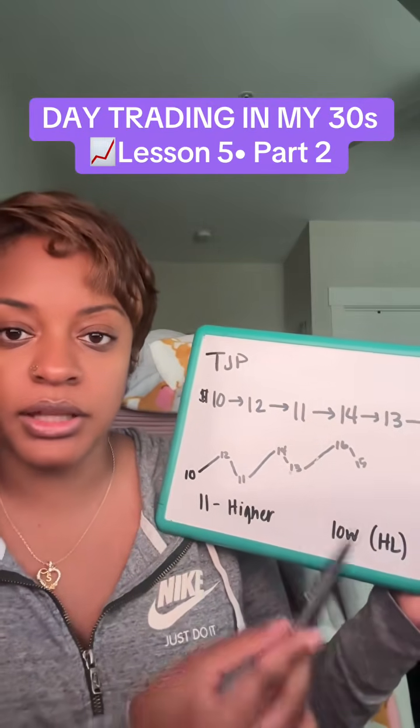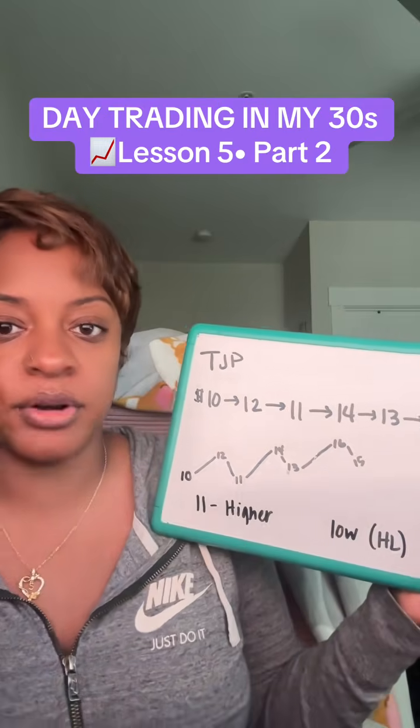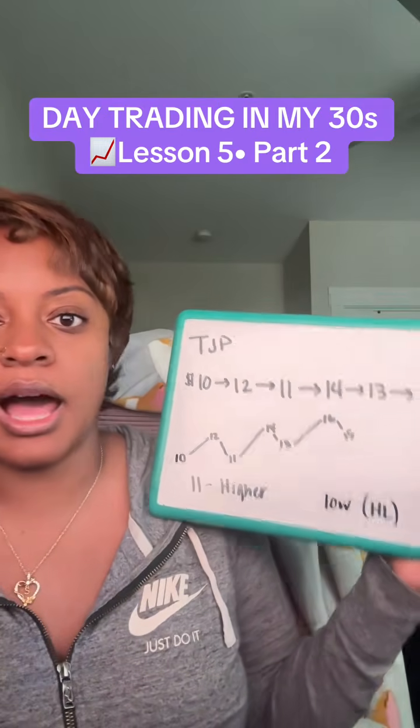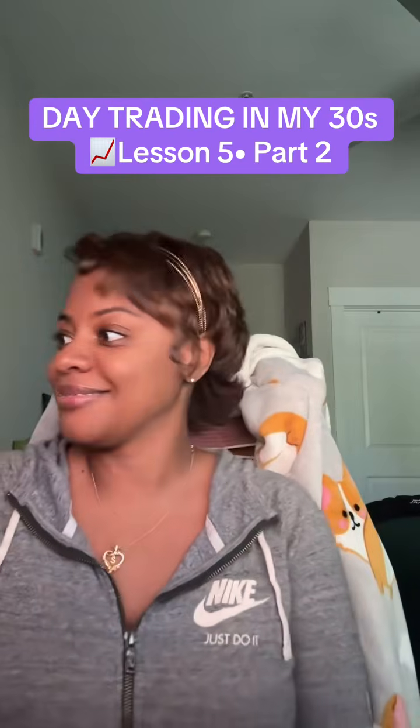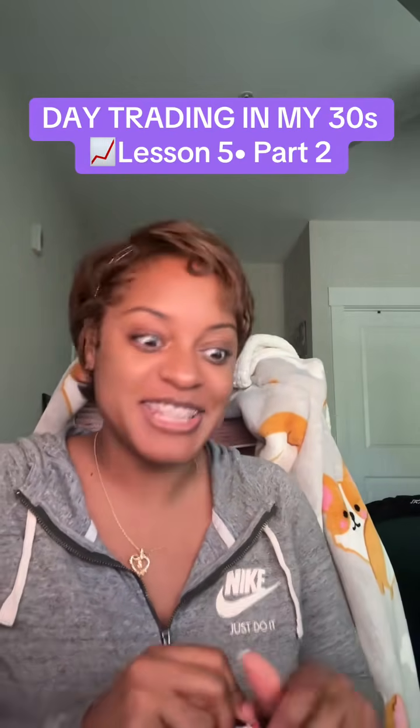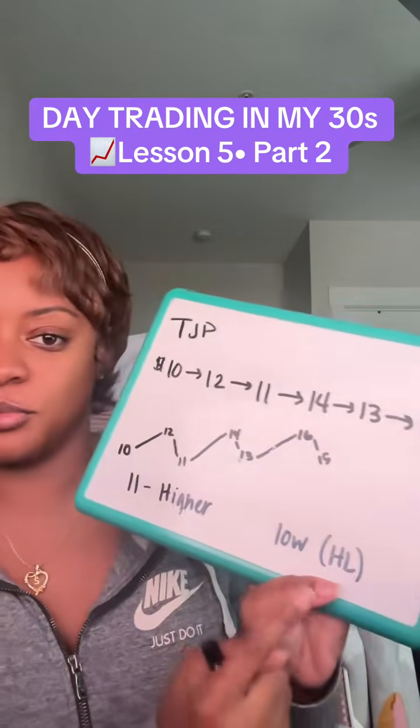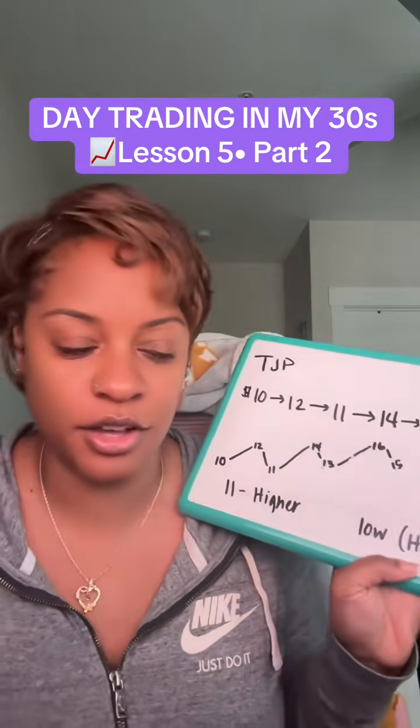It's the new swing low being greater than the previous swing low. A higher low. Simple. And now, I forgot to mention, higher lows are also abbreviated as HL, higher low. Okay?